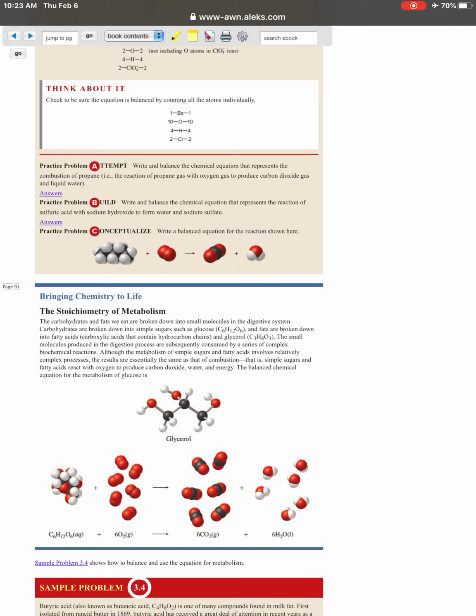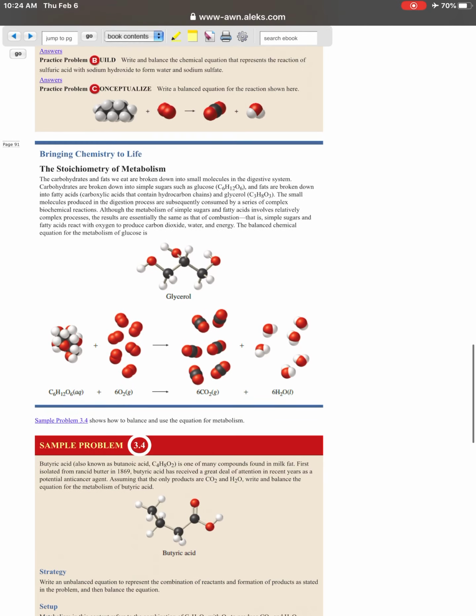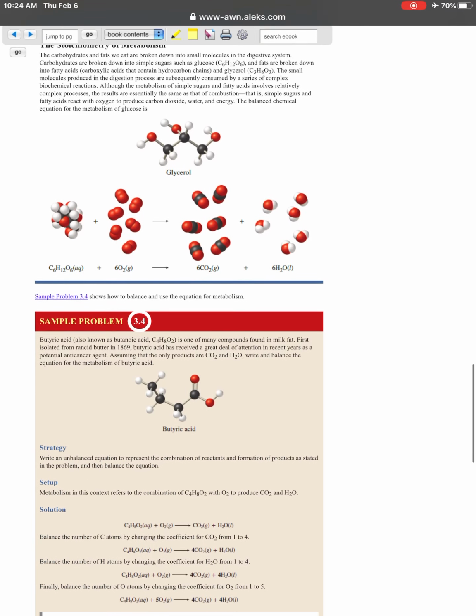The number of hydrogens, they are hard to see, but it looks like it's got 3, 2, 2, 2, 3. So 3 plus 2 plus 2 plus 2 plus 3. So that's 6 plus 6. Looks like it's 12. So it looks like it's C5H12 plus O2 gives you CO2 plus H2O. That's combustion. You can balance that one. C5H12 plus O2 gives you CO2 plus H2O.